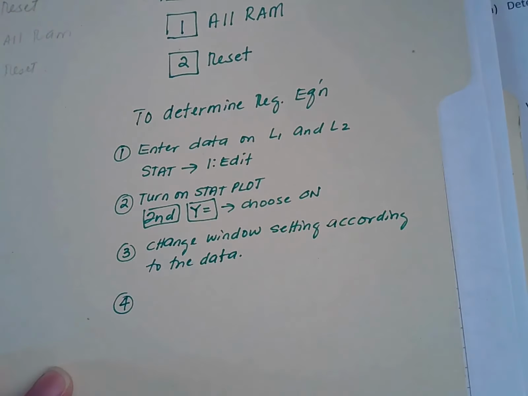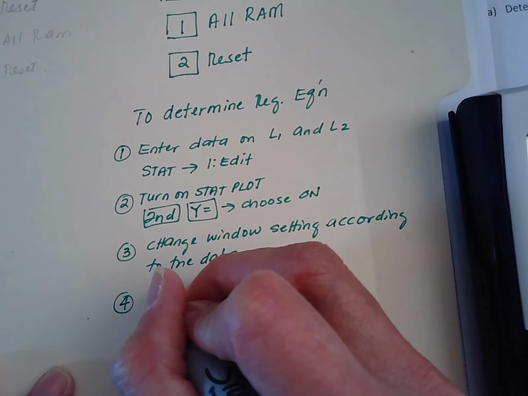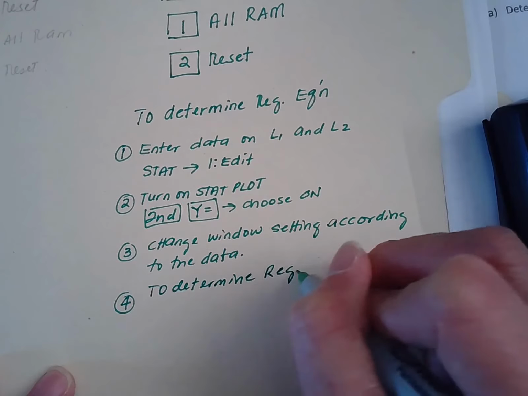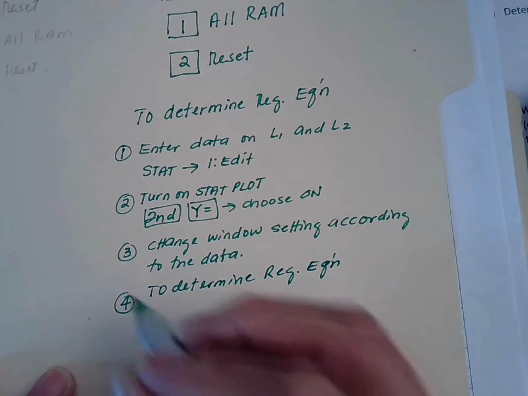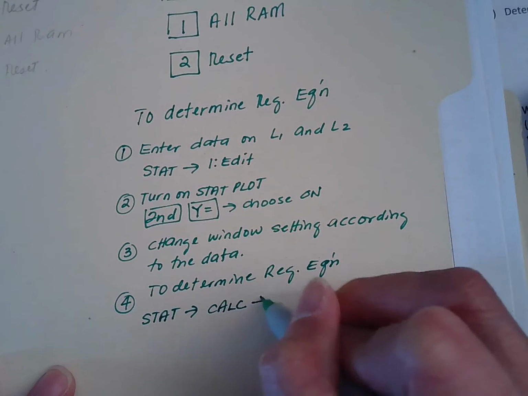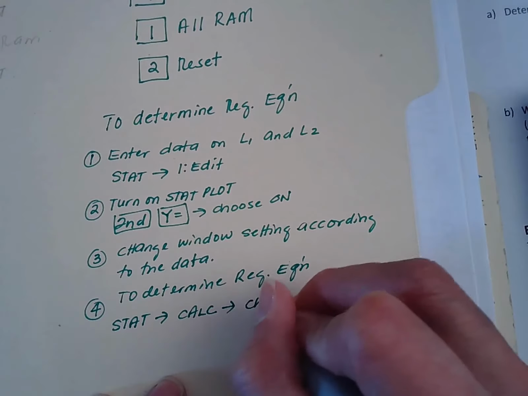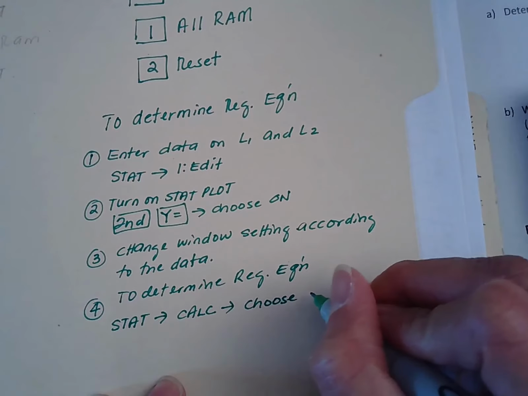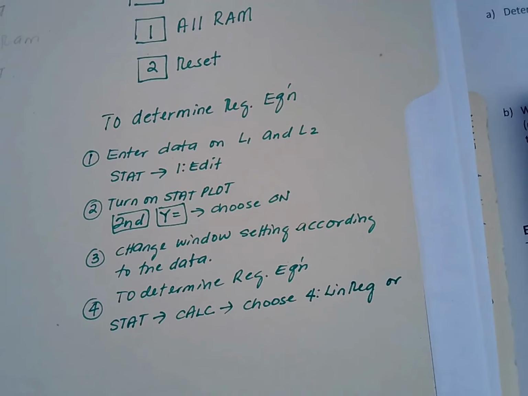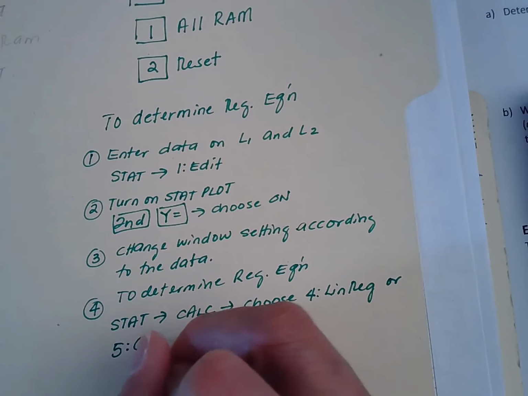We're gonna go to stat. To determine the regression equation, we need to go to stat, calc, and then we're gonna choose either 4 if it's linear regression, or 5 for quadratic regression.